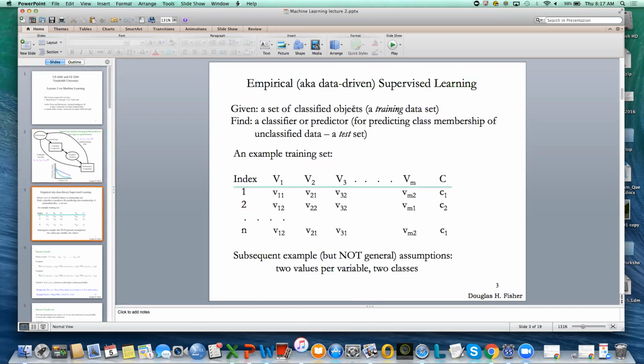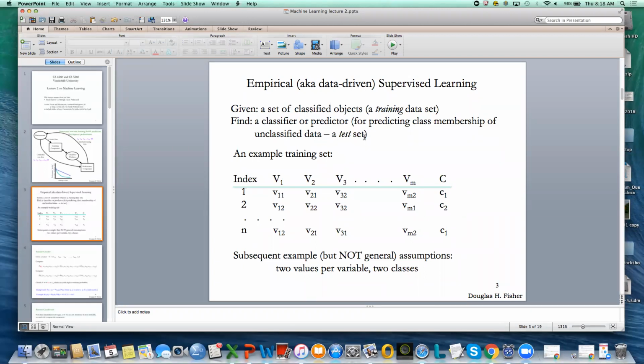So just to remind you, in supervised learning, and I qualify this further by data-driven supervised learning, there are other forms of knowledge-intensive learning where you have a lot of knowledge about a domain ahead of time. We have a set of classified examples. This is a training data set. We want to find a classifier for predicting class membership of unclassified data.